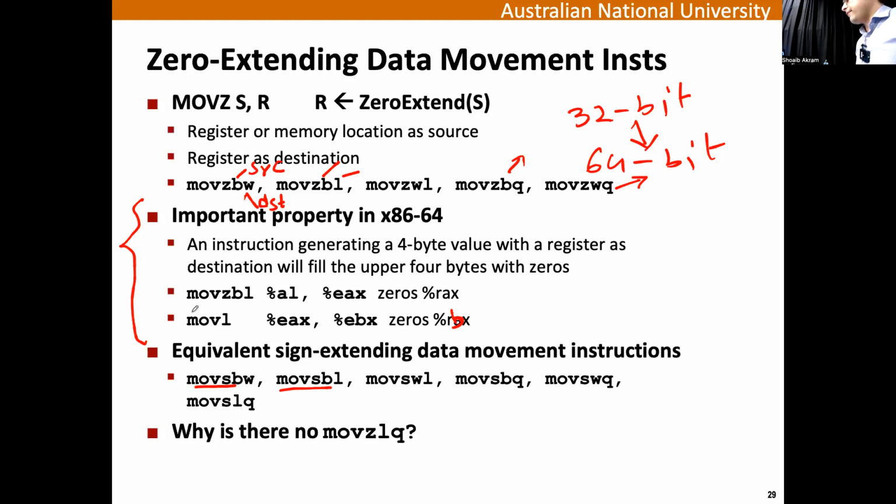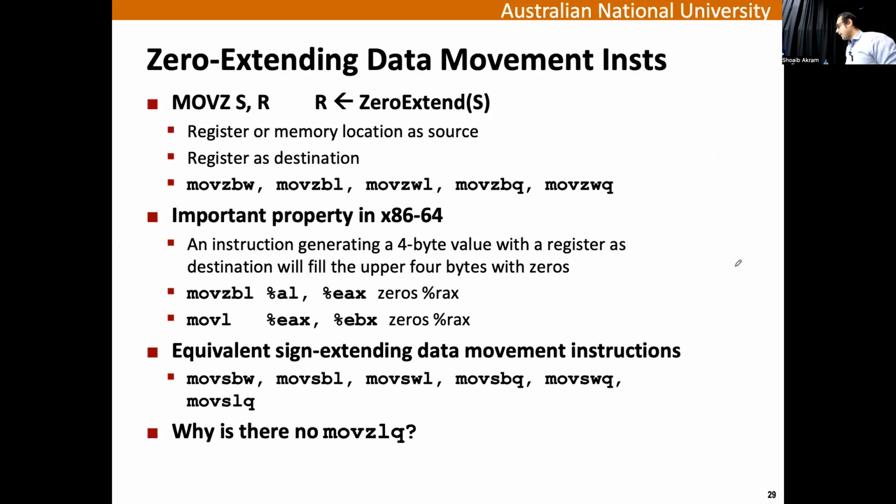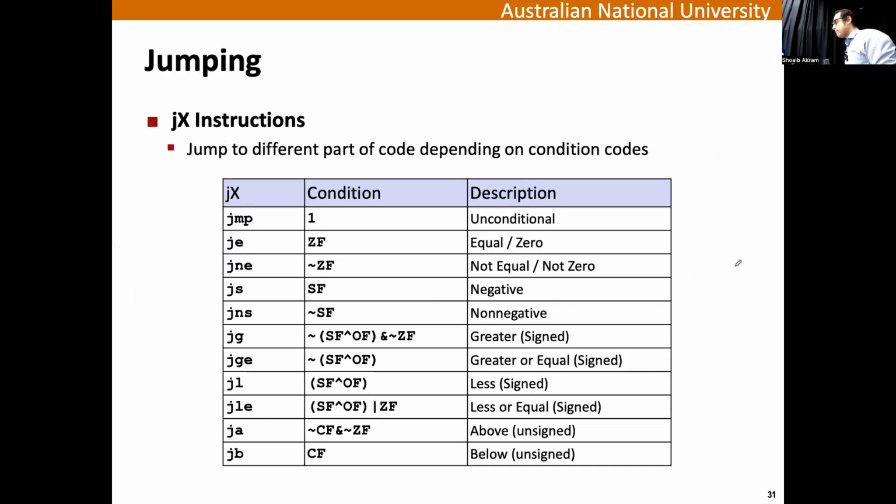So this instruction here, move long, copies EAX into EBX, and it produces a 4-byte value. So it will make sure that the remaining bytes in RBX, the remaining 32 bits, are zeroed. Okay, we'll see more examples of that.